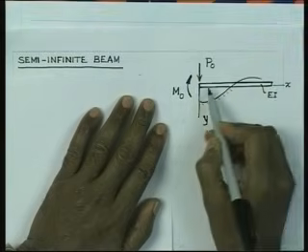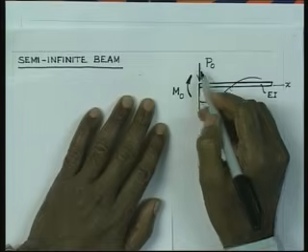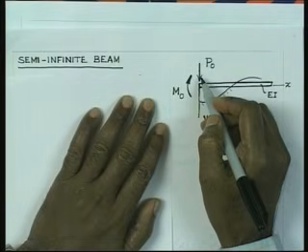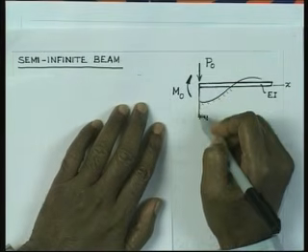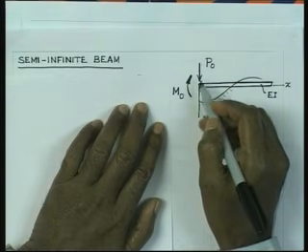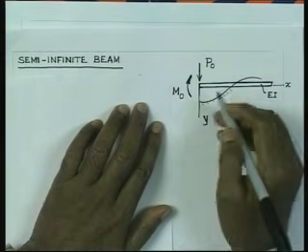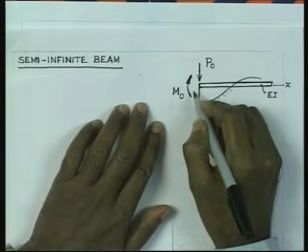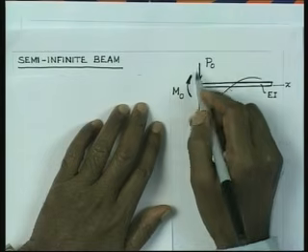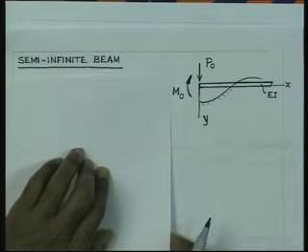So, the beam is like this with rigidity EI, and it is subjected to concentrated loading P0 at the origin, and also bending moment, which is positive bending moment. This shear force is a negative shear force, because on this face, shear force acting upward is positive. So, this is a negative shear force.